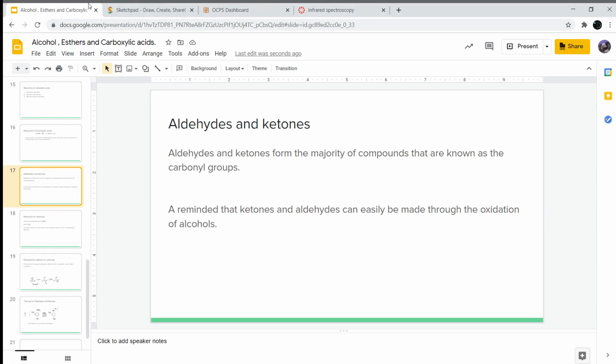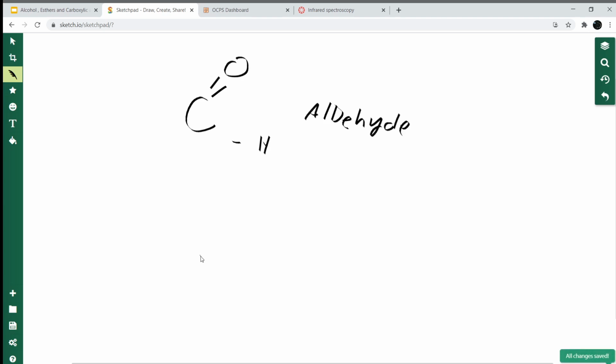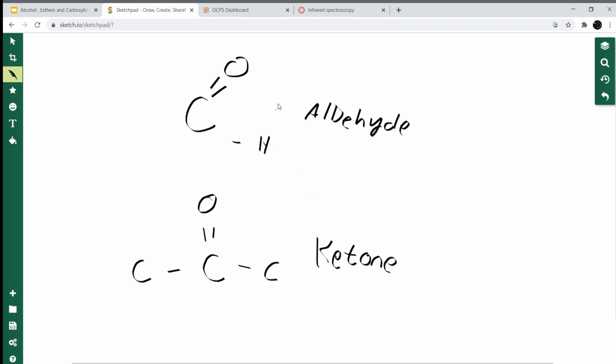Just a reminder that for carbonyl groups, if we have a primary one, it's called an aldehyde, and if we have one that is not a primary, it is called a ketone. The main difference is whether it's on a carbon all by itself, or if it's on a secondary carbon, which is known as a ketone.